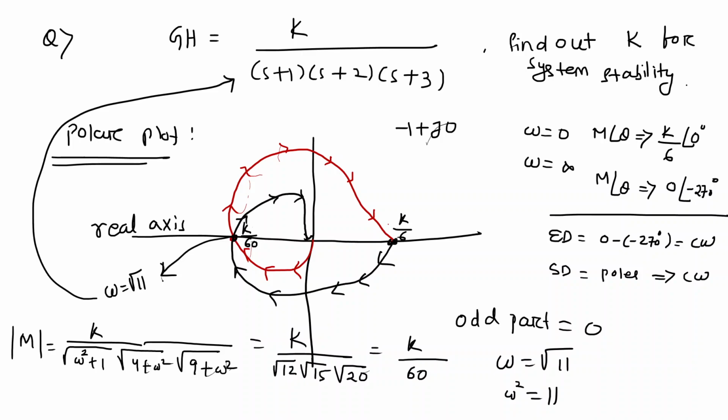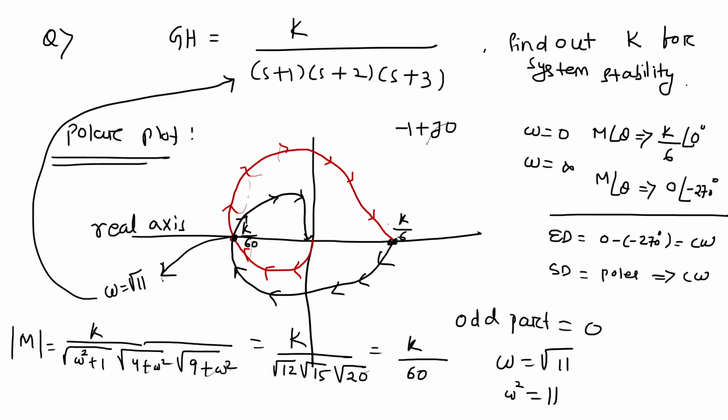Because in the question he is asking us to find out the K value for system stability. It means if you want to make your system stable, then how many encirclements do you want? 0, right? You don't want any encirclement. For the system to be stable, we want 0 encirclement.